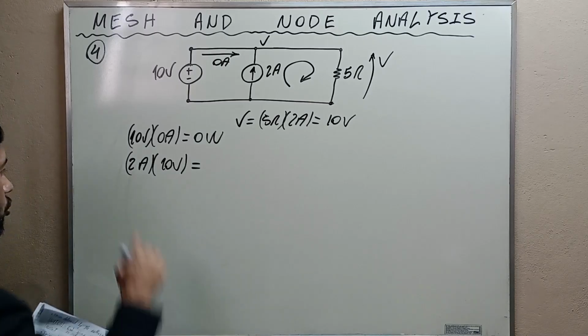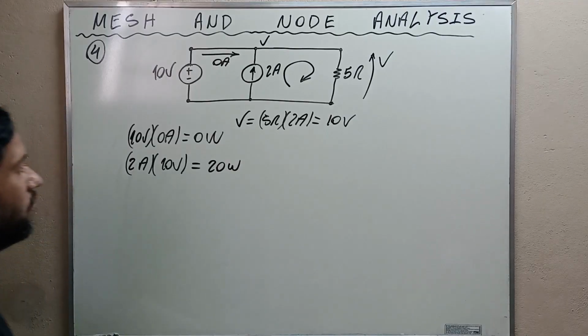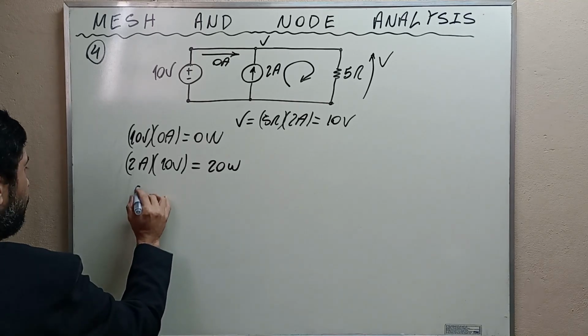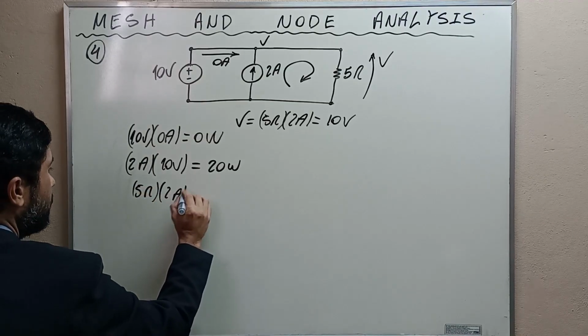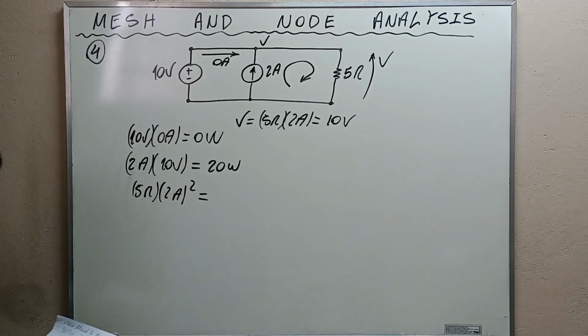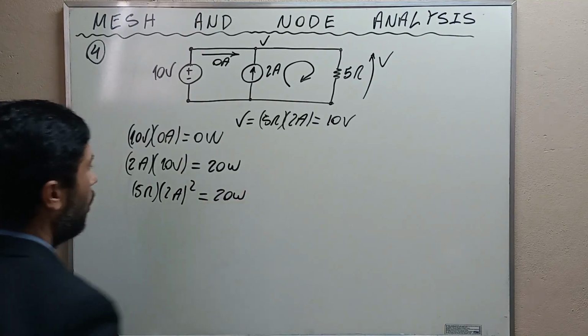Okay, so 2 times 10 is 20 watts. And finally, we're going to calculate the power absorbed by the resistor. It is equal to 5 ohms times 2 amps squared, and this is equal to 20 watts. Okay?